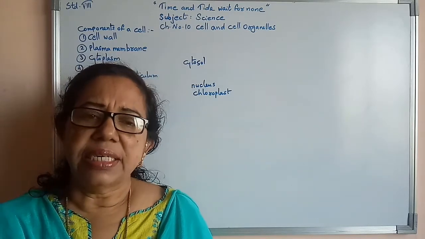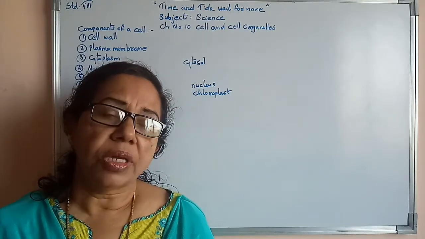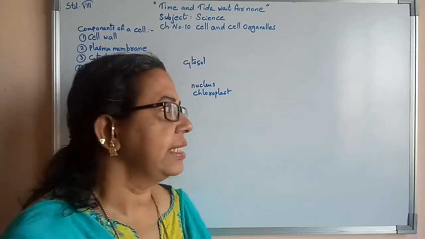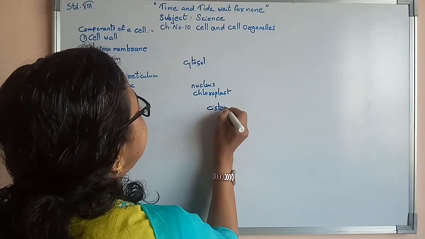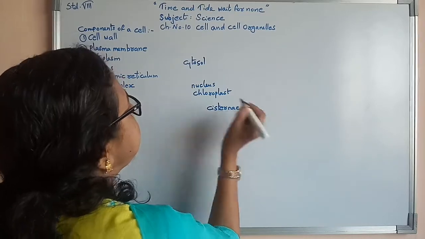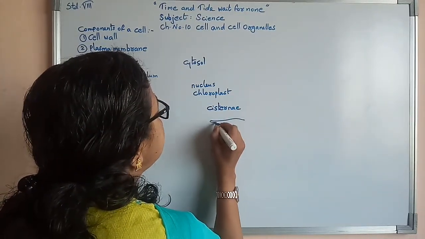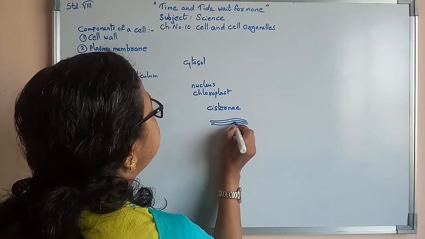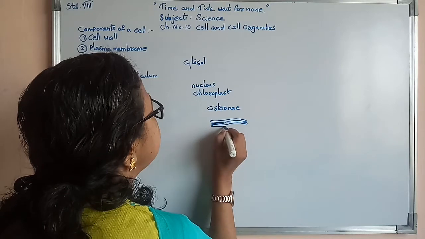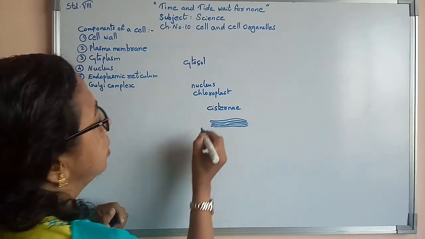Now each sac of the Golgi complex is known as cisternae. Each one is parallel to each other. Even they are connected to each other.